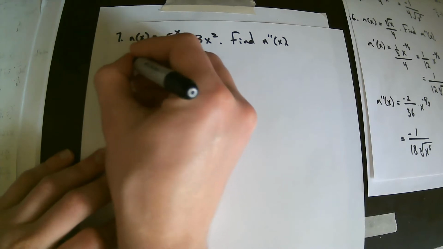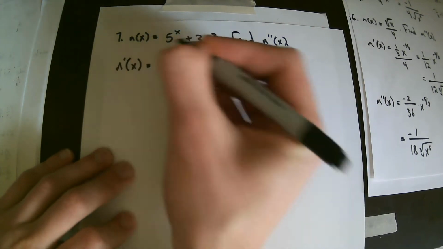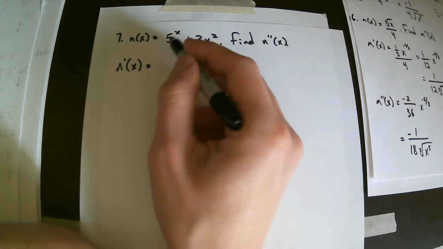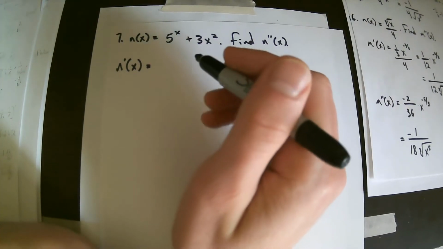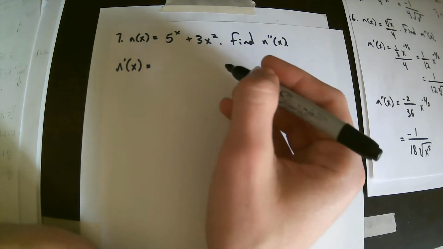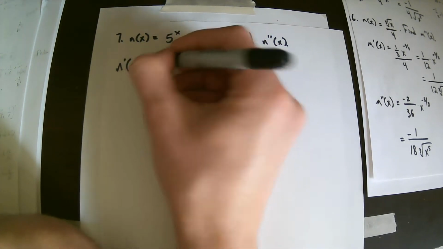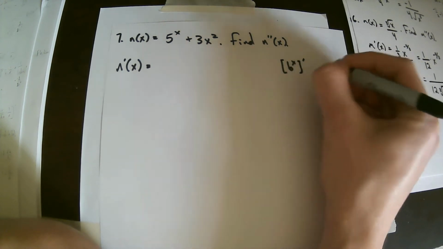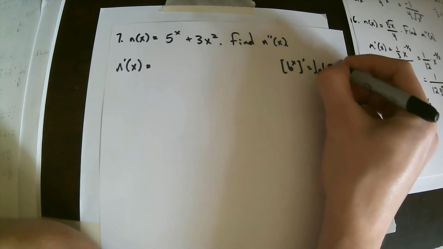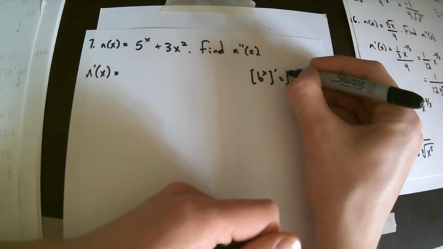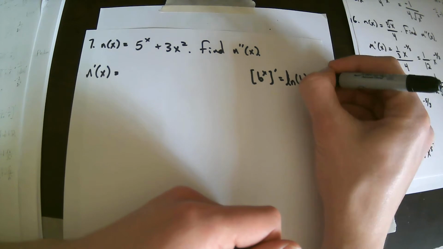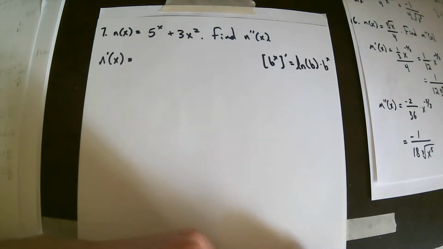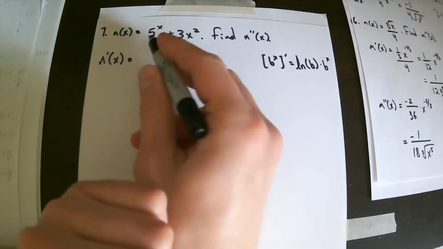Okay, first derivative of n. Well, we got to remember how to take the derivative of an exponential function that has some base 5 here in this instance. The derivative of b to the x is just ln of b, the natural log of the base, times b to the x, where this b, in our case, is 5.